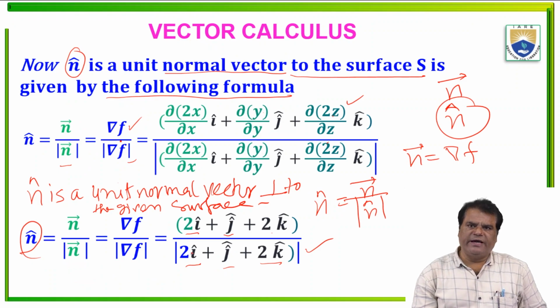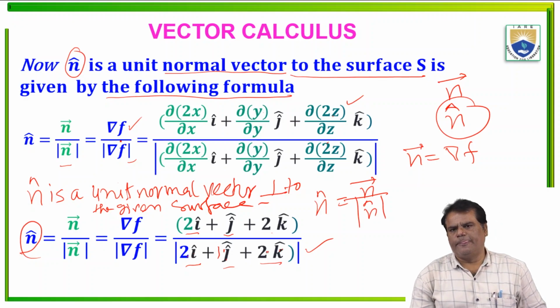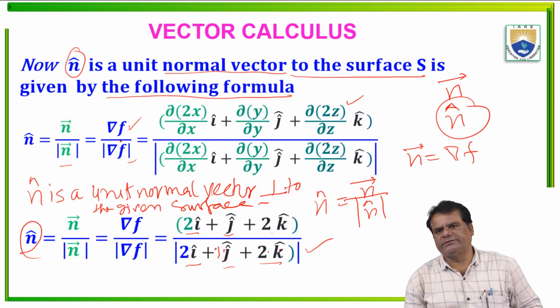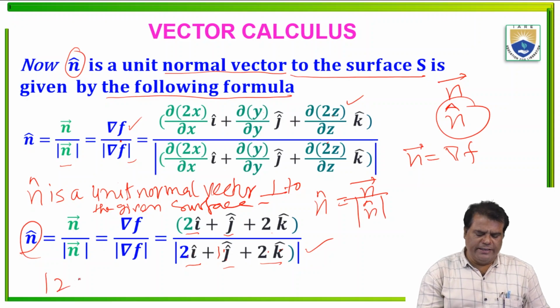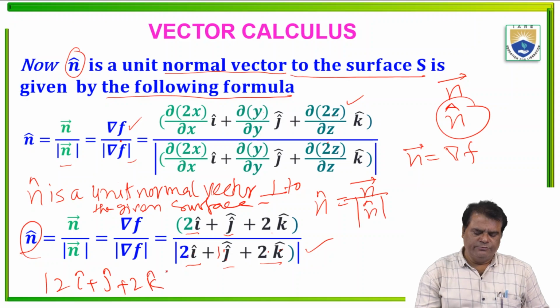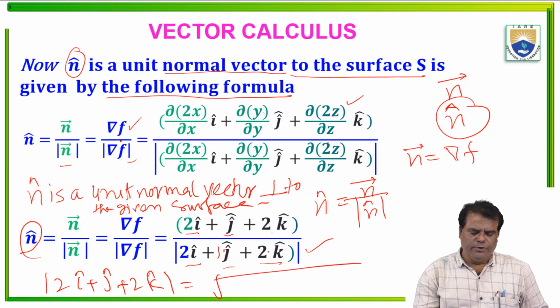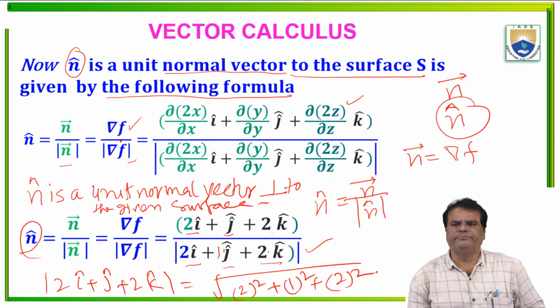Modulus: the coefficient of i is 2, the coefficient of j is 1, the coefficient of k is 2. So how can we find the modulus? The modulus of 2i plus j plus 2k is equal to under root of the square of the coefficient of i, 2 squared, plus 1 squared, plus 2 squared.